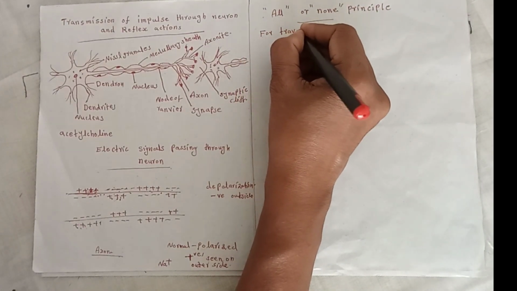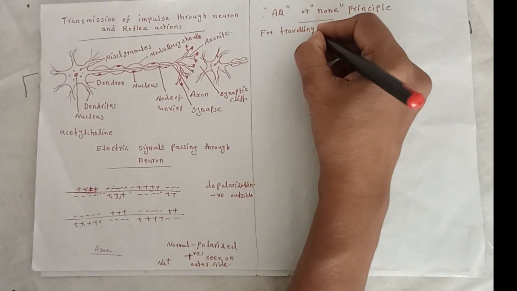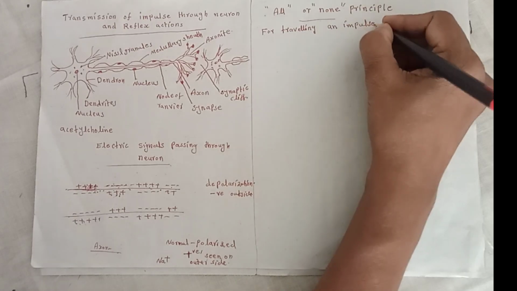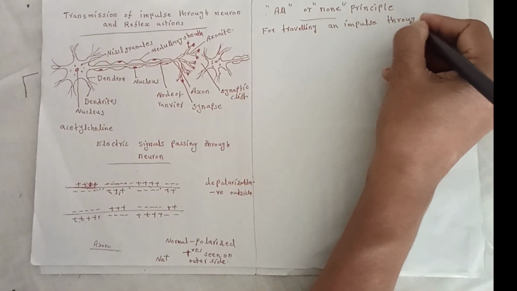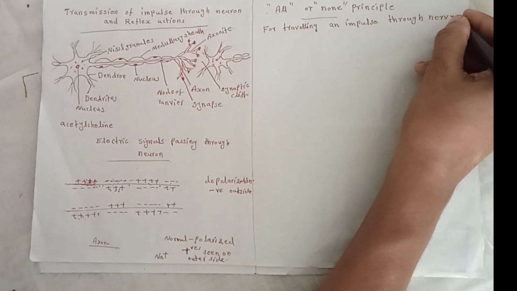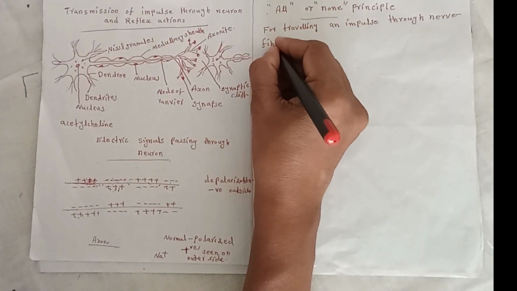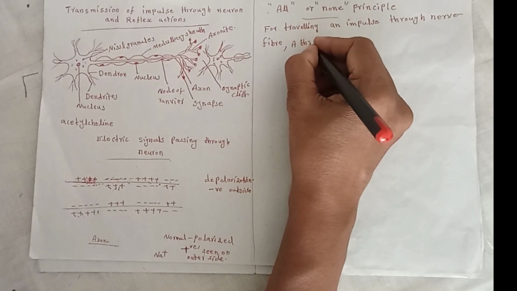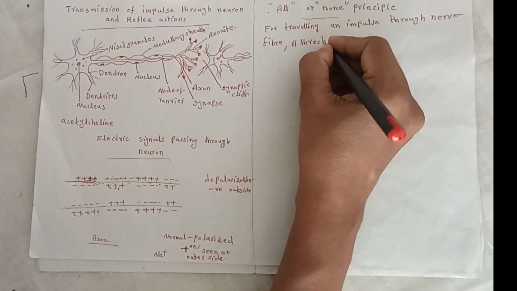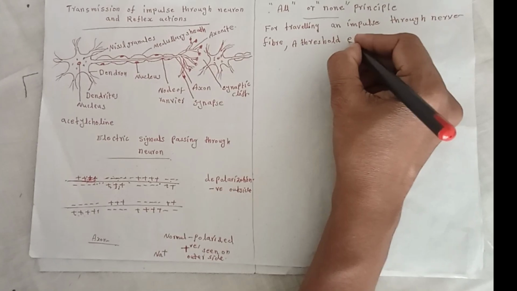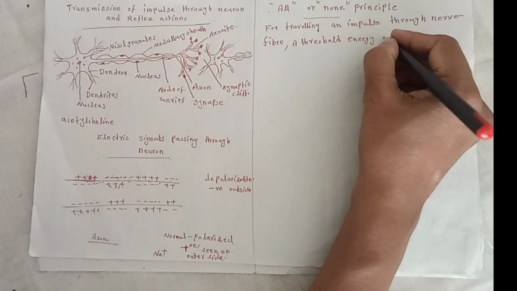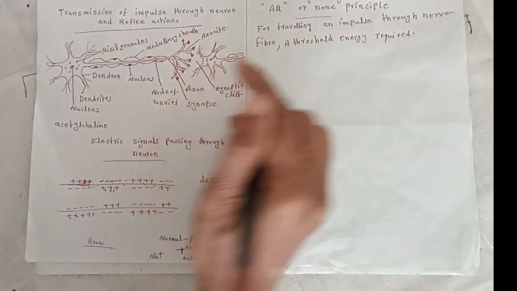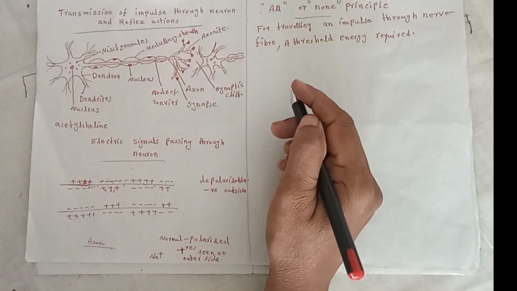For traveling an impulse through nerve fiber, a threshold energy is required. Threshold is the minimum energy required for the movement of an impulse.